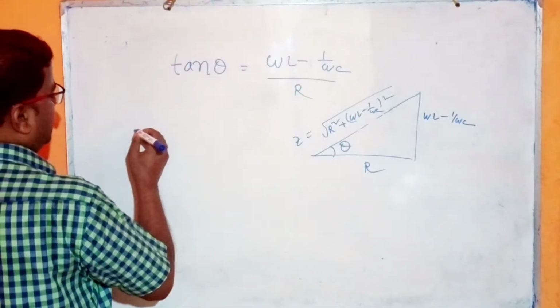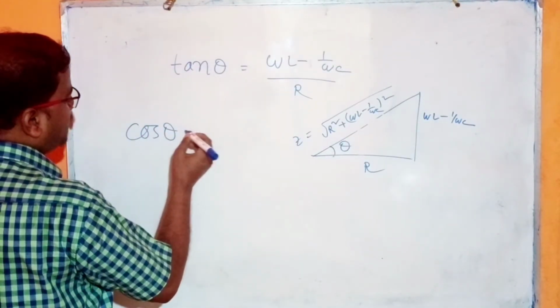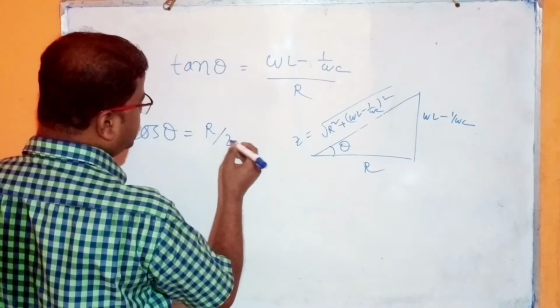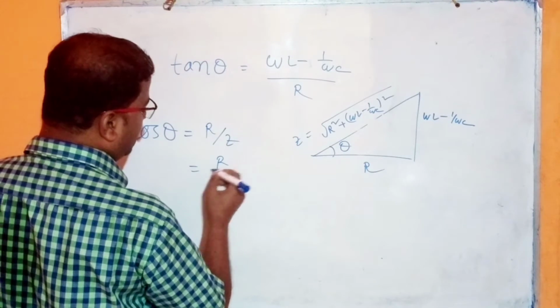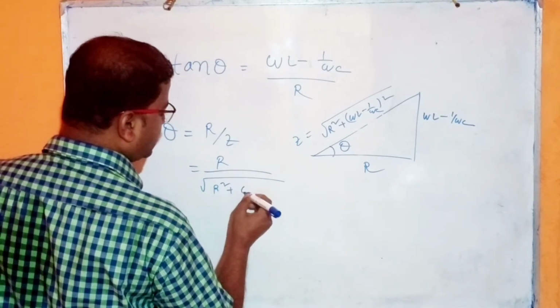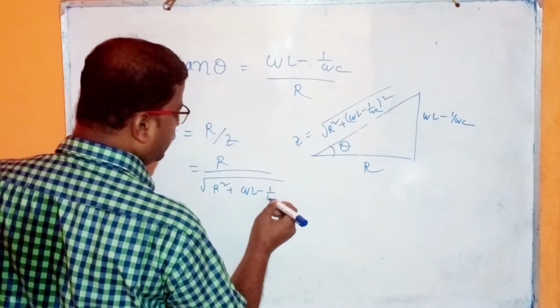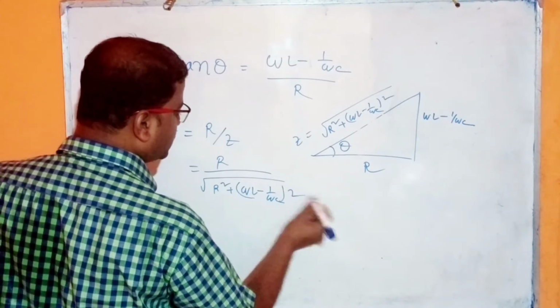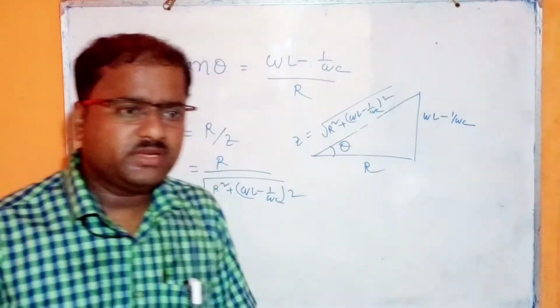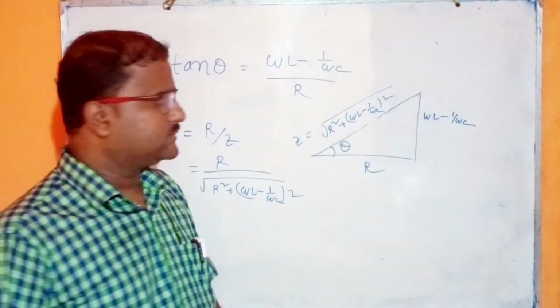Therefore, the power factor cos theta equals R by Z, or R by the square root of R square plus (omega L minus 1 by omega C) whole square. This is the power factor of series LCR circuit.